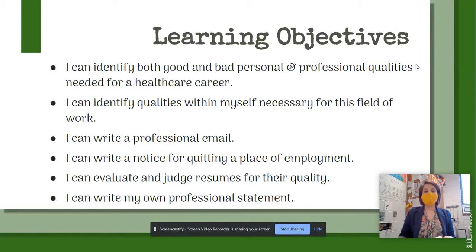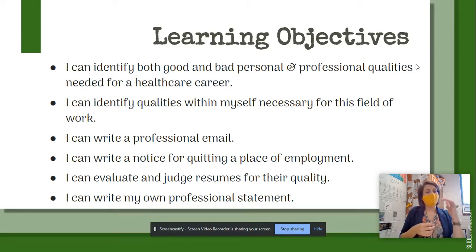All right, so learner objectives for this content, and this is for the entire chapter over personal and professional qualities, everything that we're going to learn about for this particular chapter. These are the learning objectives for that. Okay, so you're going to be able to identify both good and bad personal and or professional qualities that somebody might have, okay, and specific ones that are needed for the healthcare field.